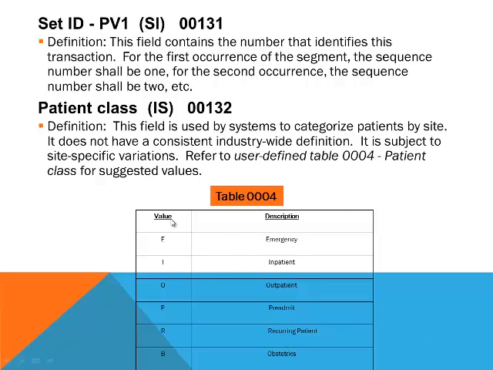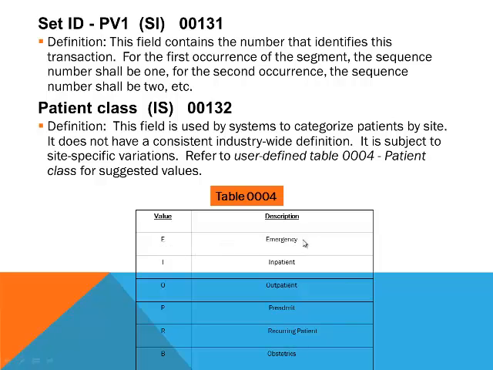We have two columns here, one is the value, one is the description. For the value, we have E, I, O, P, R, B. So different letters have different meanings here.